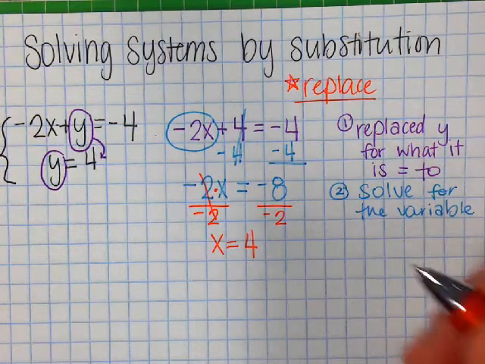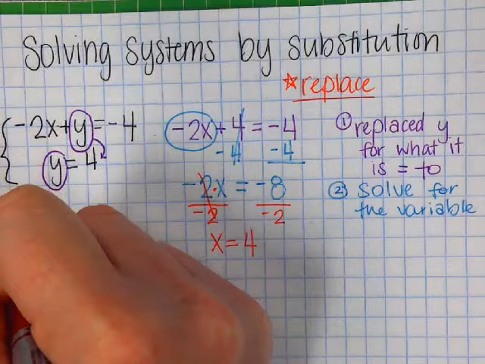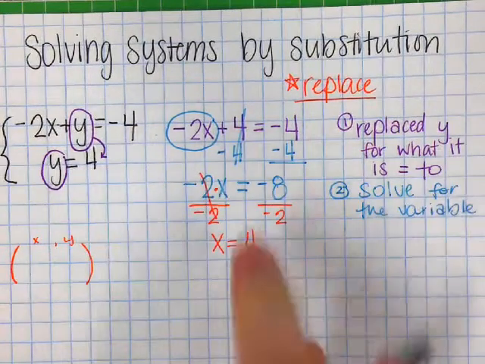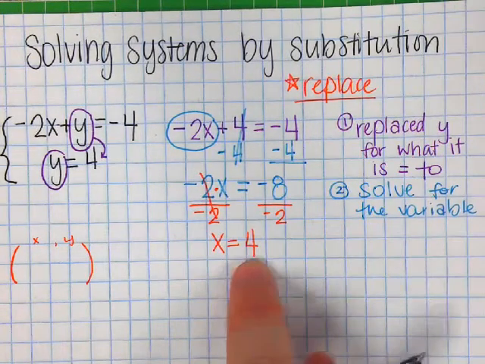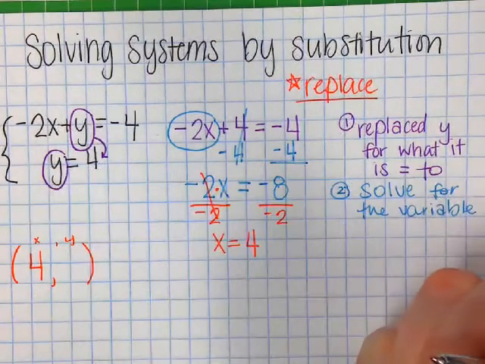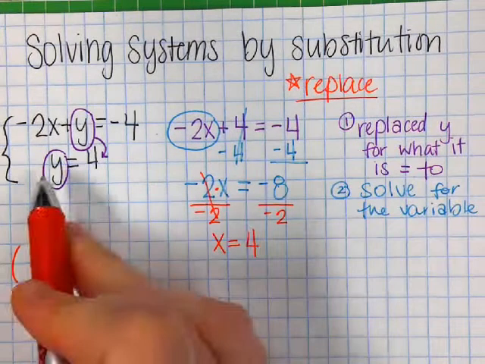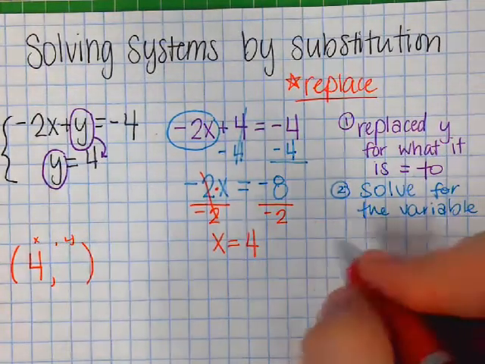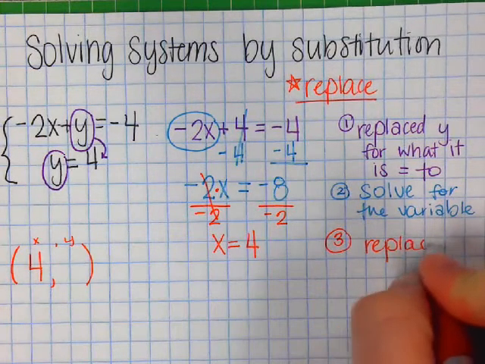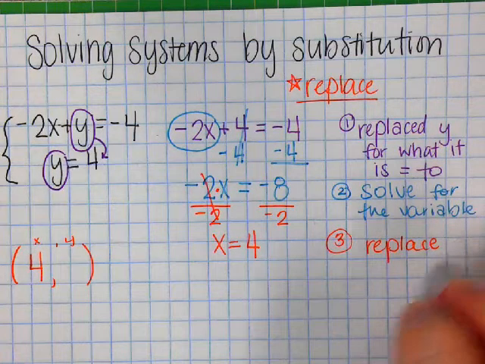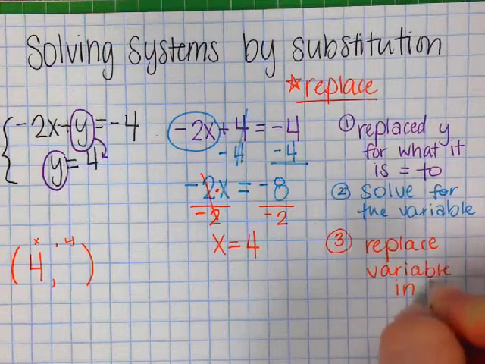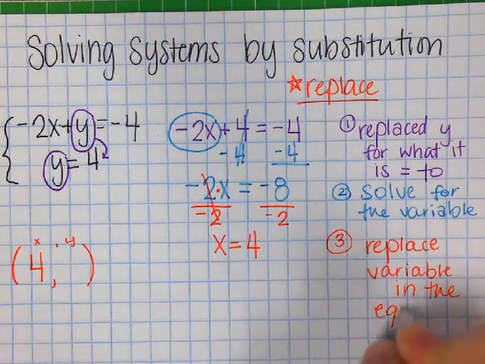Now remember, when we're talking about systems, you always have to write your answer as x comma y. So you're going to take the value that it gave you, so 4 is the x value, so 4 comma. Now there's a few things. Step 3, replace the variable in the equation.